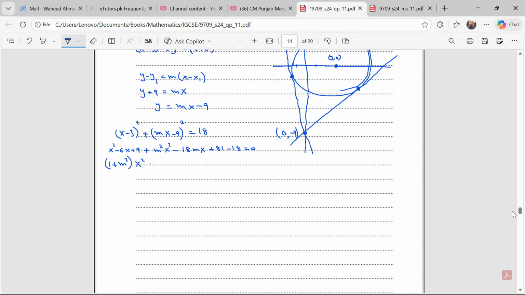If I take minus 6 common, it is minus 6 times (1 plus 3m) times x.